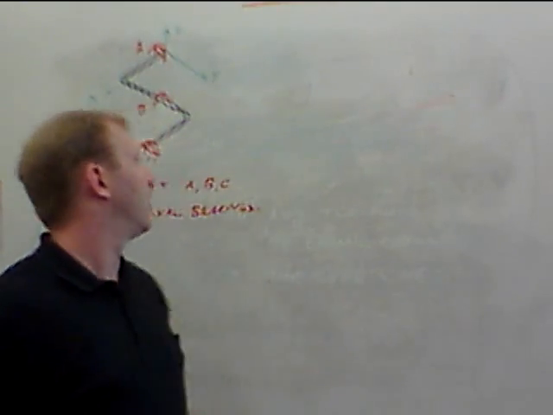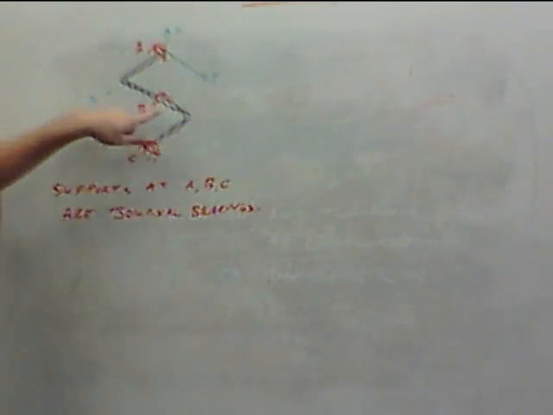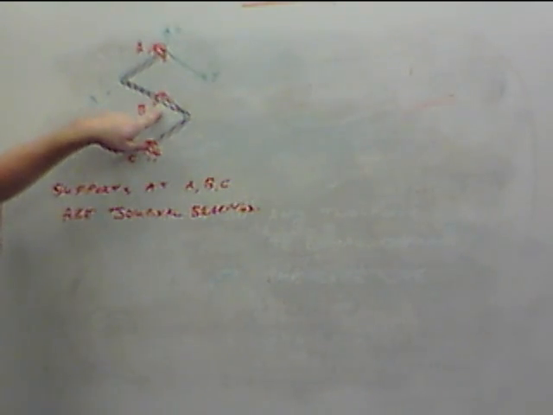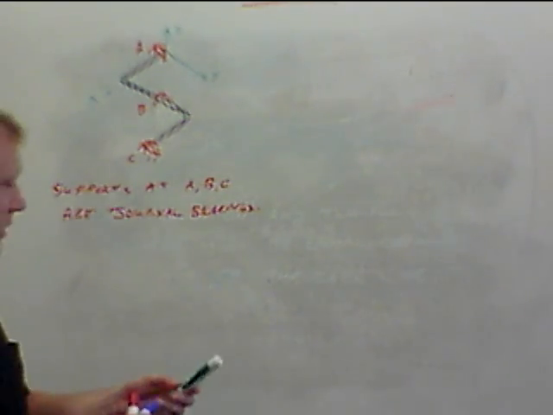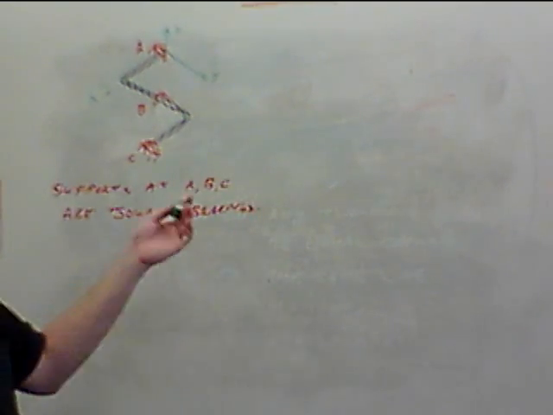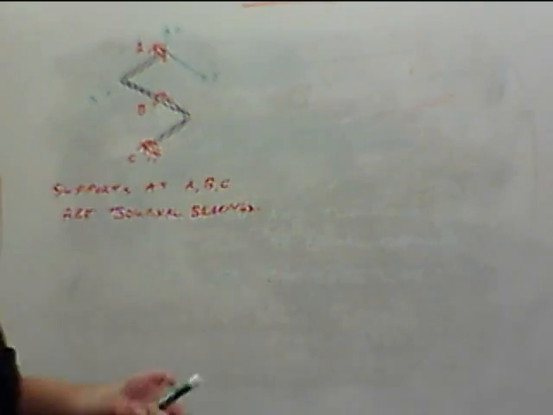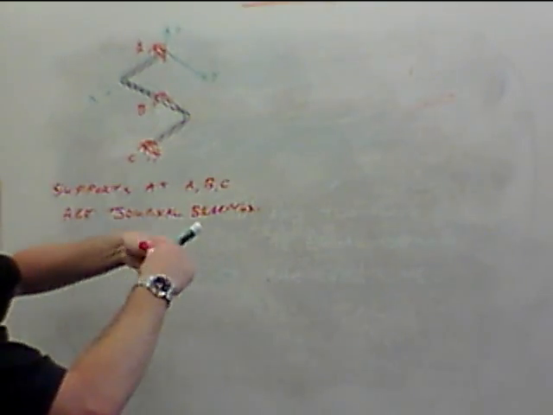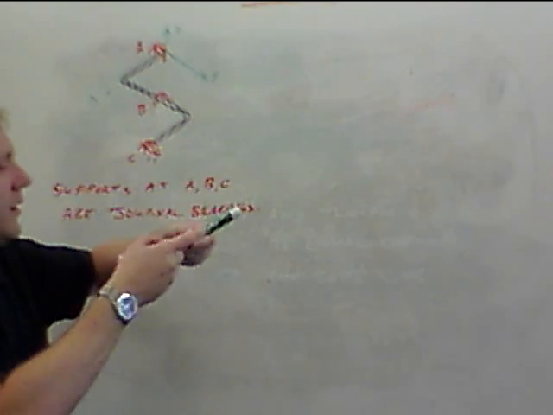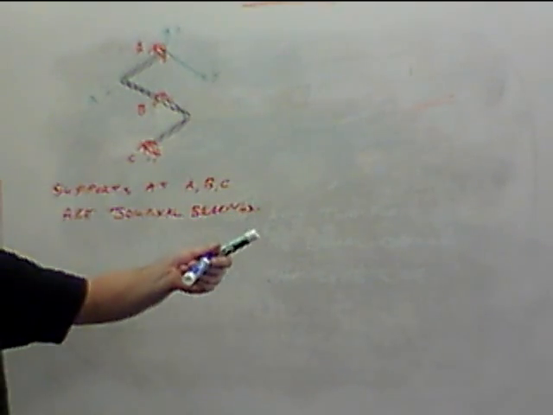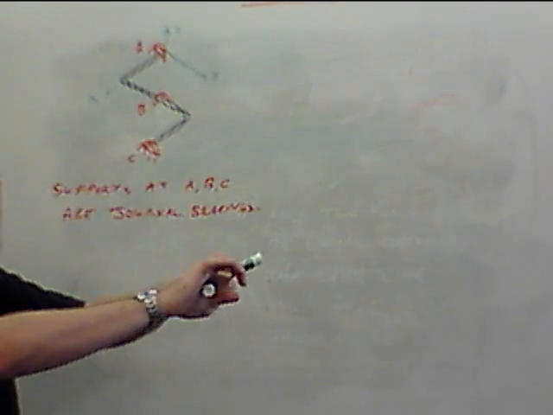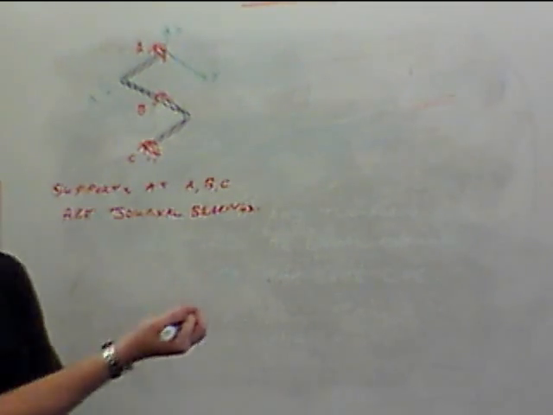So say we're looking at the journal bearing at point B. Our beam comes positive X out of the board, Y, and then X again. I'm looking at my structure like this, with a journal bearing holding it in place here.